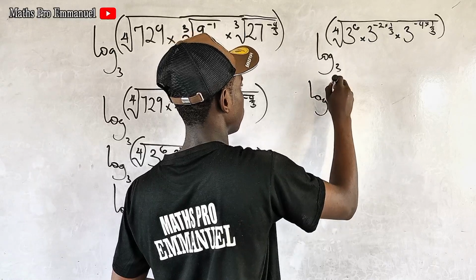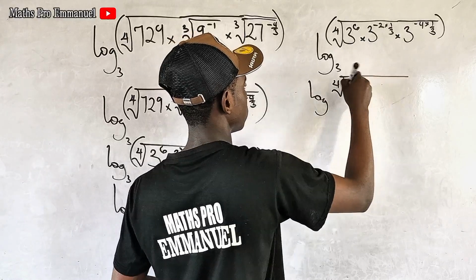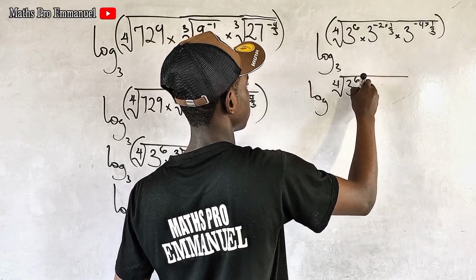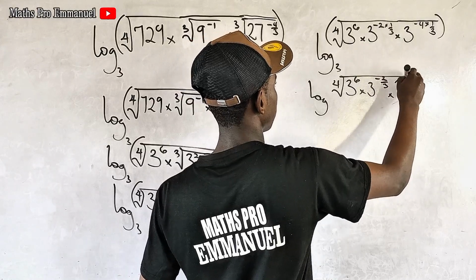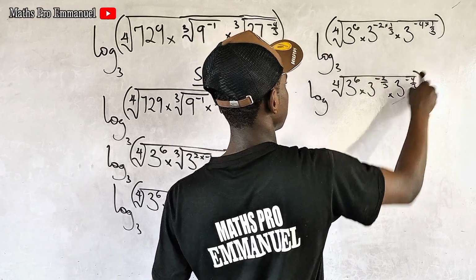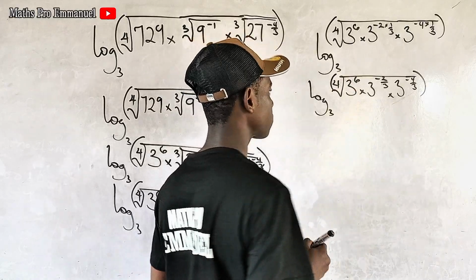So here I'll have log fourth root of 3 raised to the power of 6 times 3 raised to the power of minus 2 over 3 times 3 raised to the power of minus 4 over 3, all in base 3.